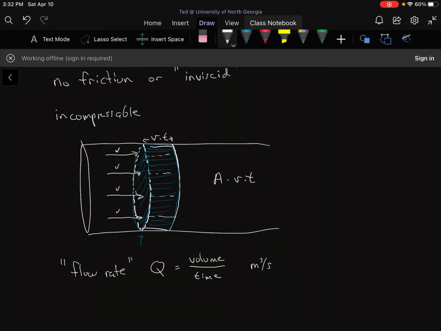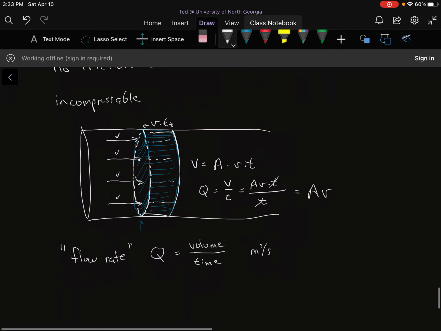And so that would be the total volume of fluid that flows through the pipe. So if we want to know what Q is, Q would be the volume divided by the time, which is A times velocity times T divided by T, which means that it's equal to the area times the velocity. I drew that poorly.